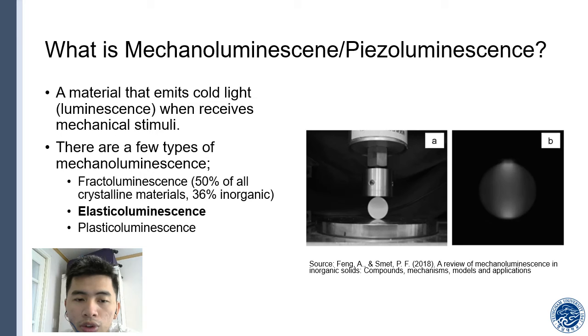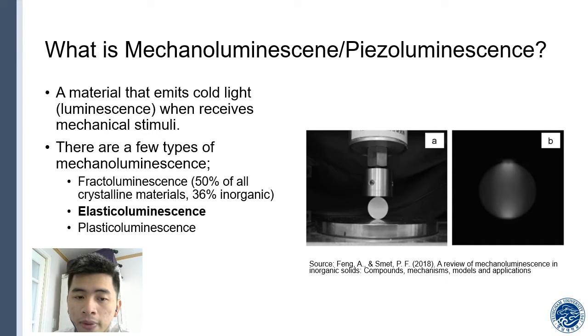What we are going to focus on is the elastoluminescence, because fractoluminescence we can see in almost all of the crystalline materials, or 50% of the crystalline materials. There's a lot. And 36% of the inorganic solids.